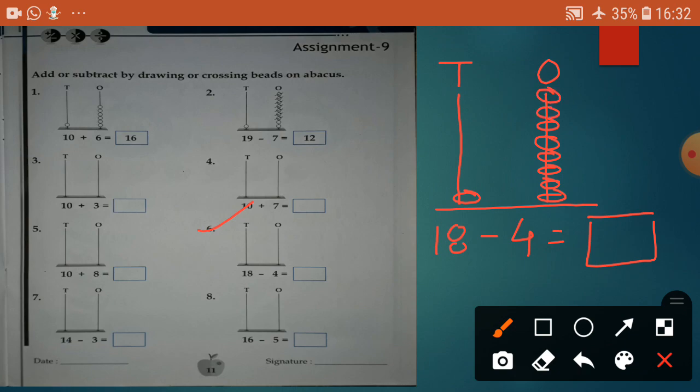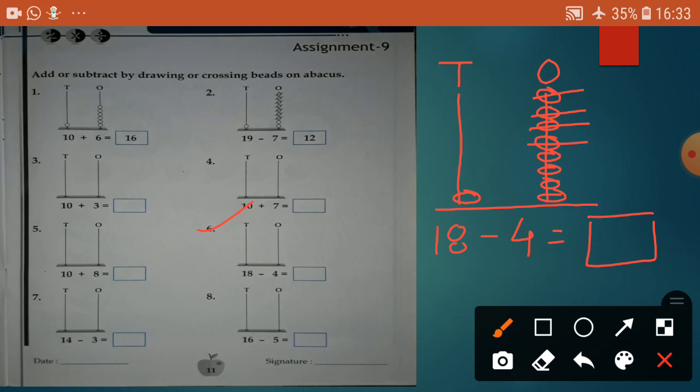See here, minus 4, so crossing beads, children: 1 bead, 2 beads, 3 beads, 4 beads. I cross them.